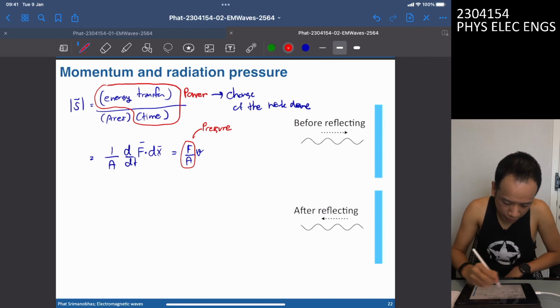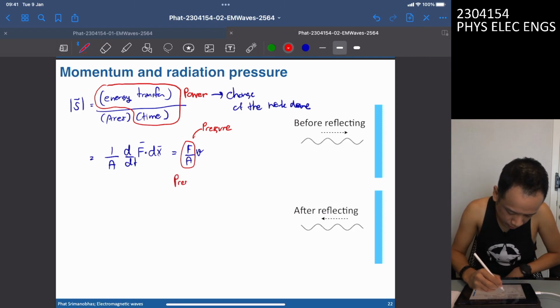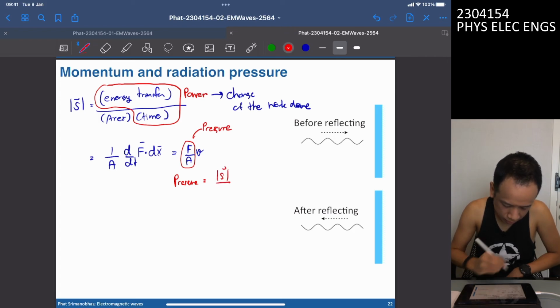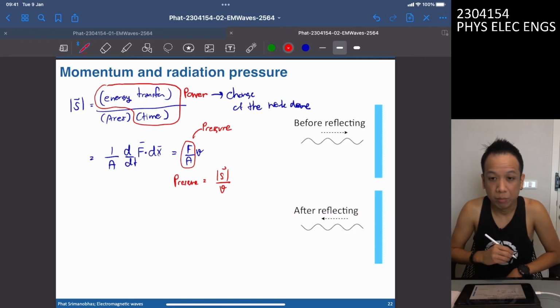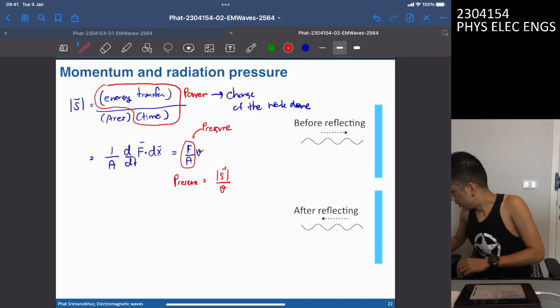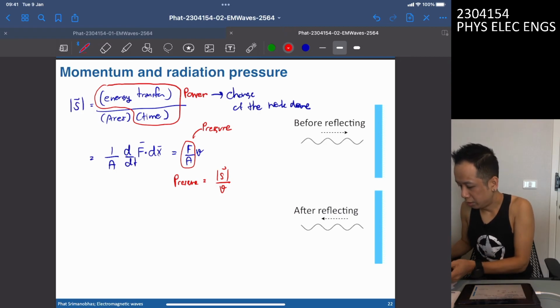So the radiation pressure in this sense is equal to the size of the Poynting vector divided by V. Okay. Yep. So this is the definition.